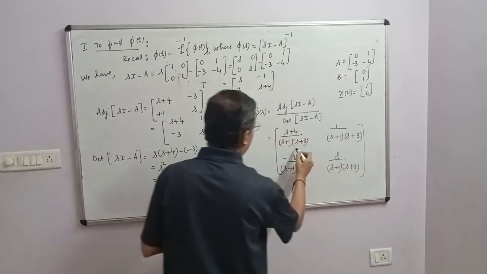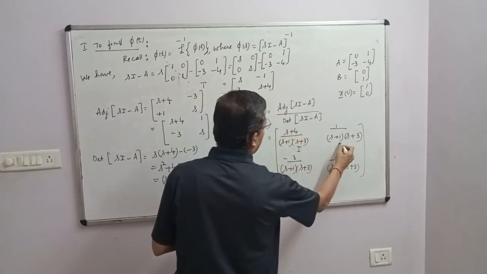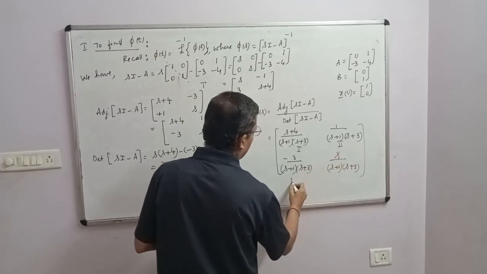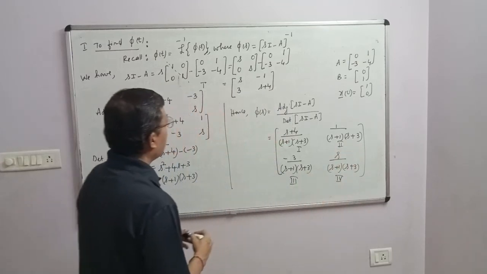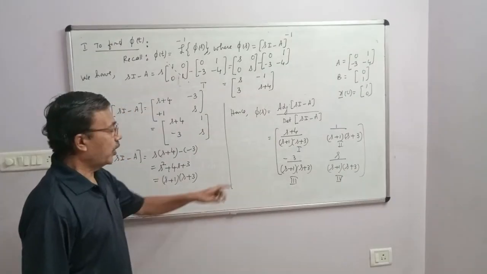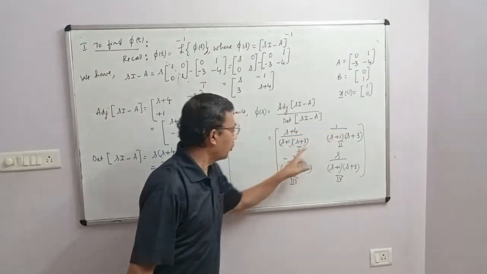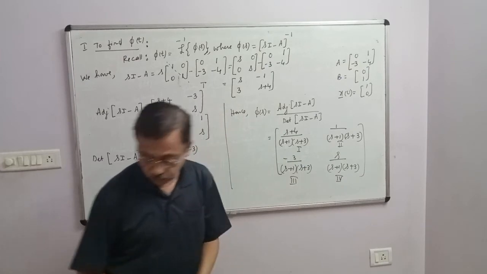This is phi of s. This I will call first term, this is second element, this is third element, this is fourth element. We have to do partial fraction expansion on these expressions represented by 1, 2, 3 and 4.